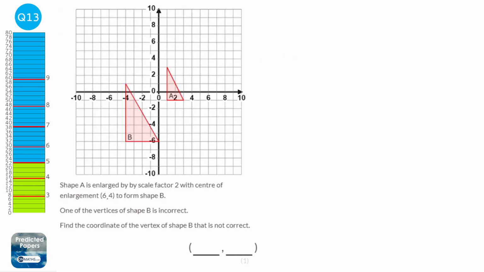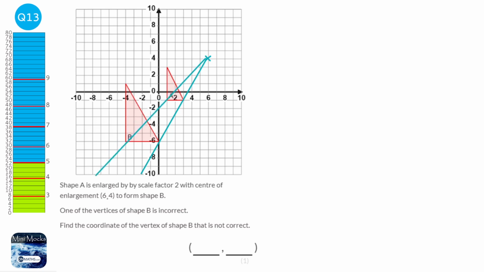So in this question we are told that the centre of enlargement is at 6, 4. So let's just put a cross there. And what I'm going to do is just draw ray lines from the centre of enlargement, and we're just going to go through each of the corners of our shape A. And we're going to just check whether it goes through the corner of shape B, which it does on this one.